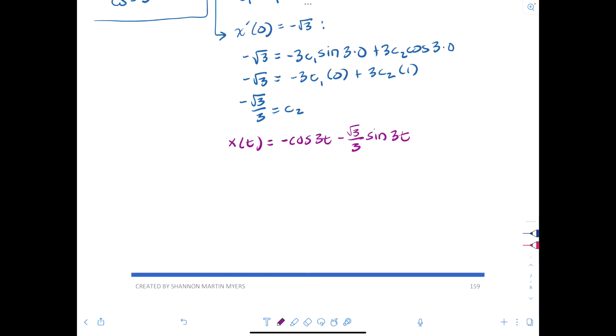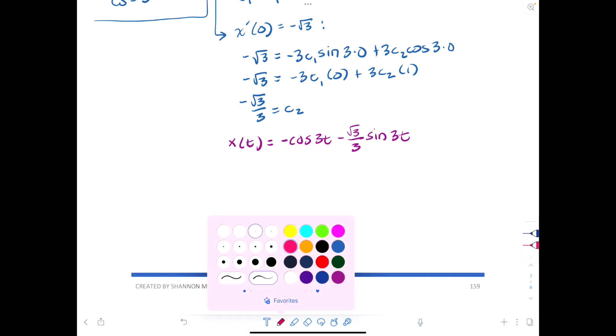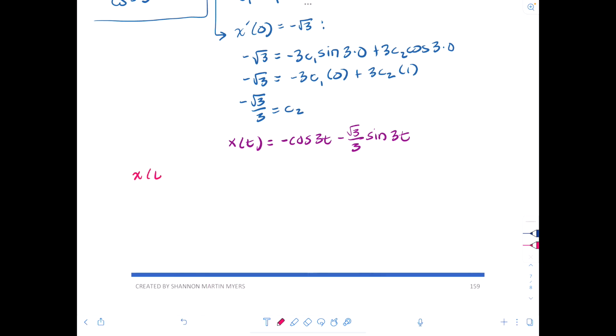So remember that x at t can also be written as a times sine at omega t plus phi. So let's figure it out, okay? Remember that a is equal to the square root of c1 squared plus c2 squared.